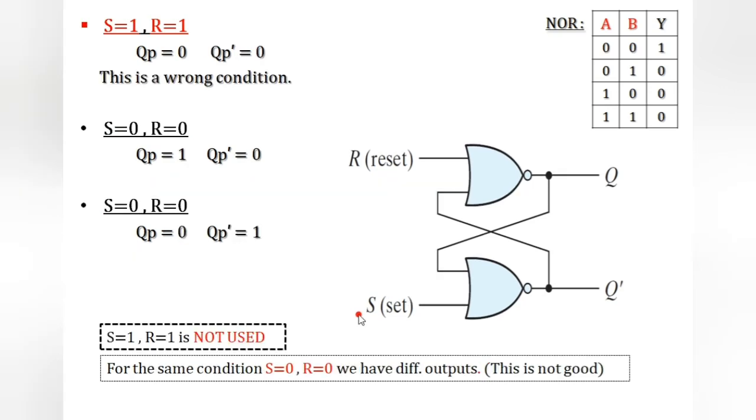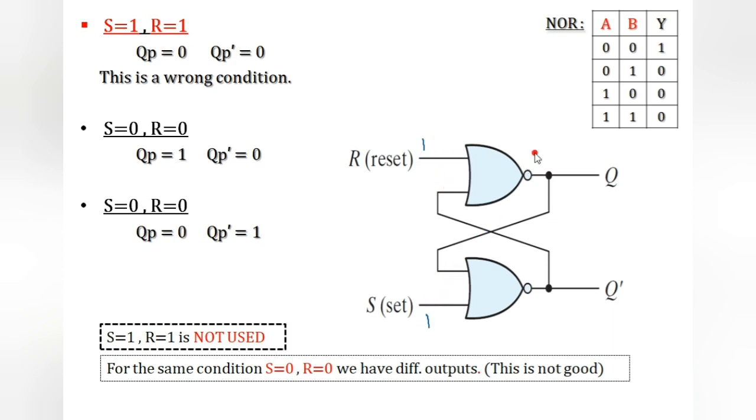Next, the 1 1 condition. This is very important in the SR latch. So observe the 1 1 condition. I am taking two inputs. S1 R1. Listen carefully. S1 R1. So one input is 1.